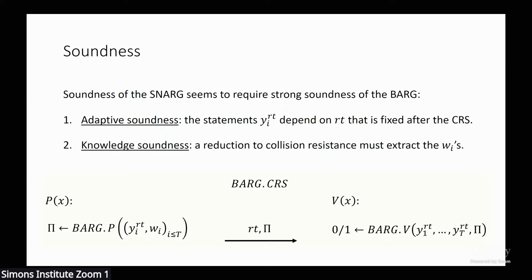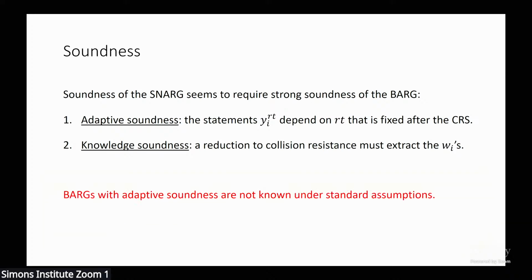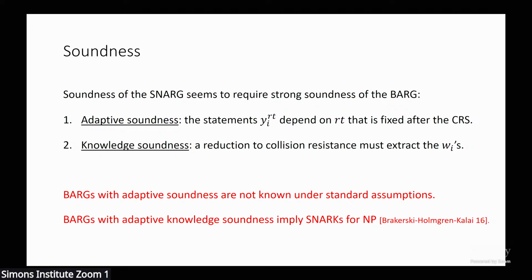Now for the bad news. The BARGs that we know how to construct are selectively sound. They're not adaptively sound. Constructing BARGs with adaptive soundness is, for polynomial assumptions, an open question. Now, if you're asking for both adaptive soundness and knowledge soundness at the same time, this is really taking things too far. We know that these two properties together already imply full-fledged SNARKs for NP. We have very strong barriers here.